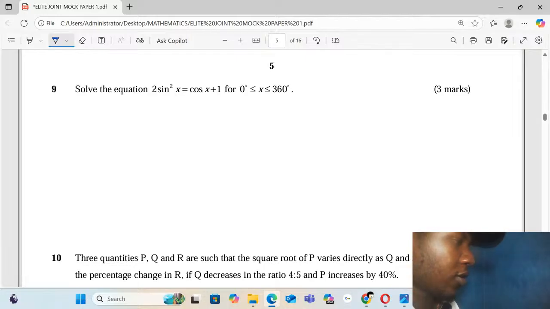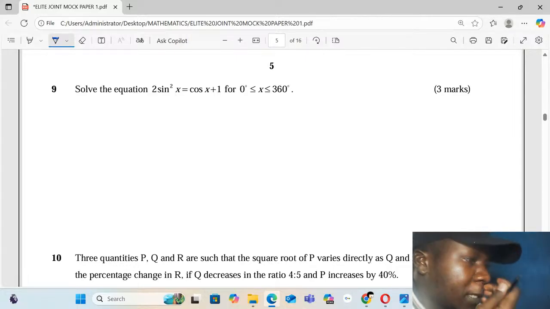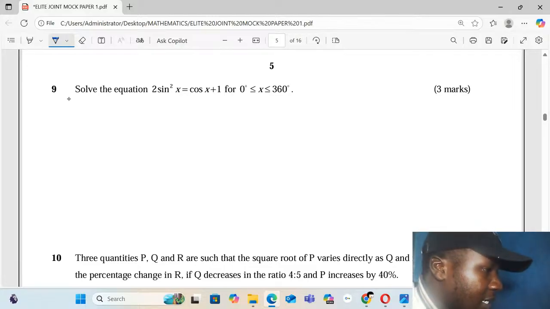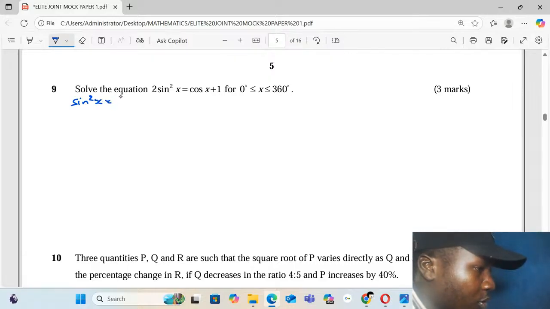So we're having 2 sin squared x is equal to cos x plus 1. So we know that sin squared x is equal to or the same as 1 minus cos squared x.